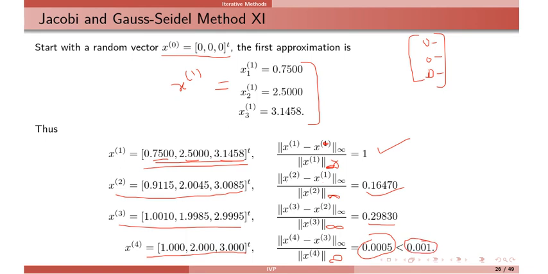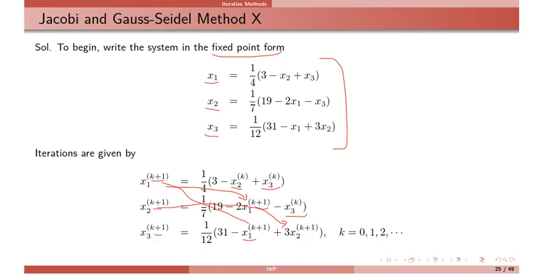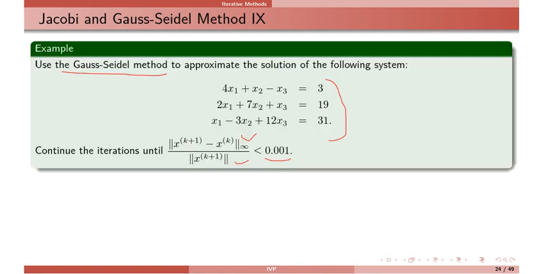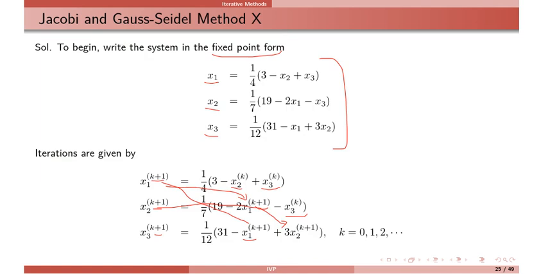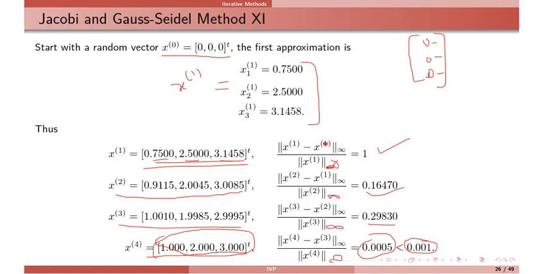So we accept this. So x4 is a solution. What is the solution? x1 1, x2 1, and x3 1. You can check that 1, 2, 3 satisfies the system. So 1, 2, 3 is a solution with the given accuracy.